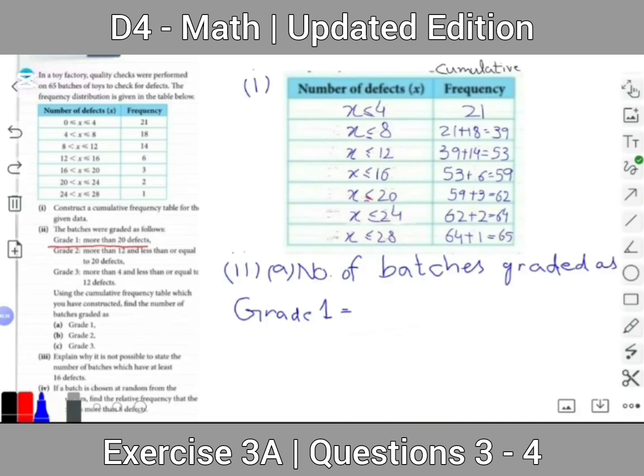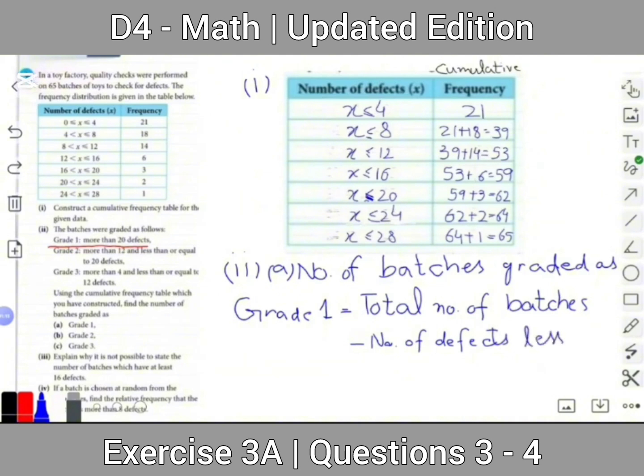So for this we have to subtract the number of defects less than or equal to 20 from the total number of batches.